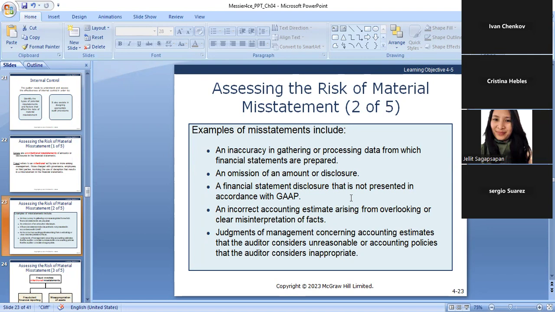Incorrect accounting estimate from overlooking the clear misinterpretation of the facts. What would be the example here? Accounting estimates come from, let's say, the residual value for long-term assets.